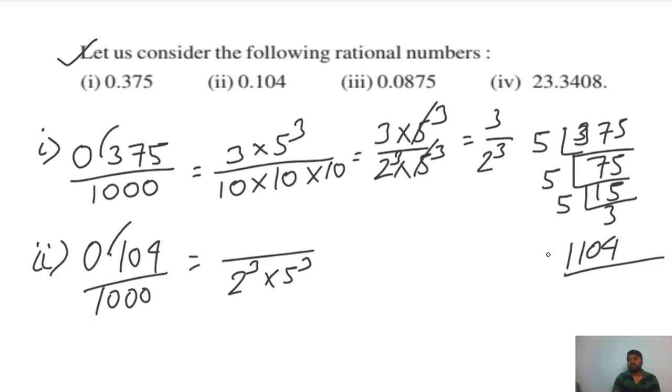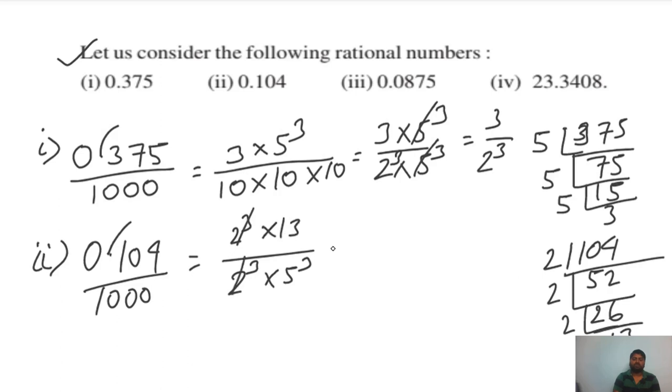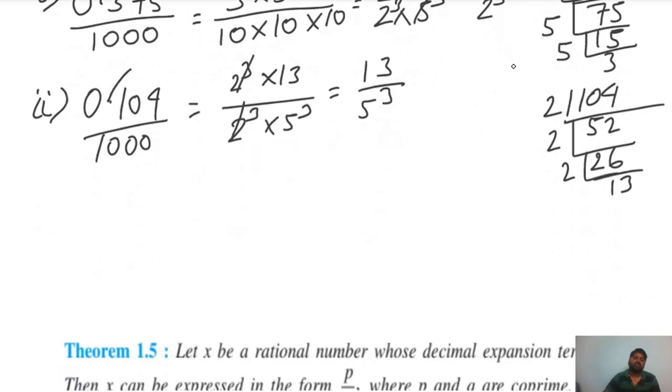It is divisible by 2, so it is 52, and it is also divisible by 2, therefore we get 26. It is divisible by 2, this is 13. So this is 2 cube into 13, therefore it is cancelled by 2 cube, and we get 13 by 5 cube. Similarly we can also take 3 and 4, but we go to our theorem.